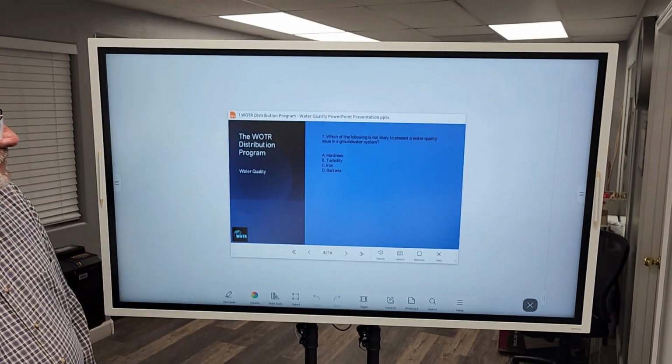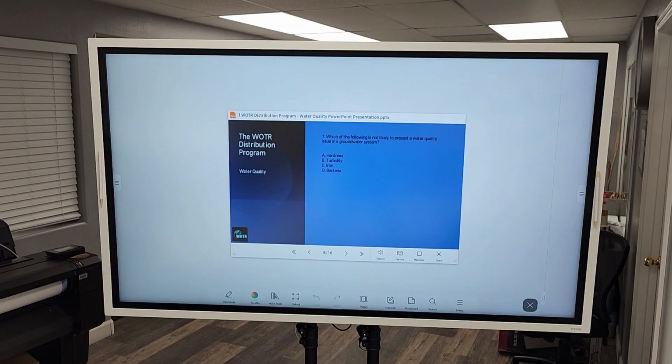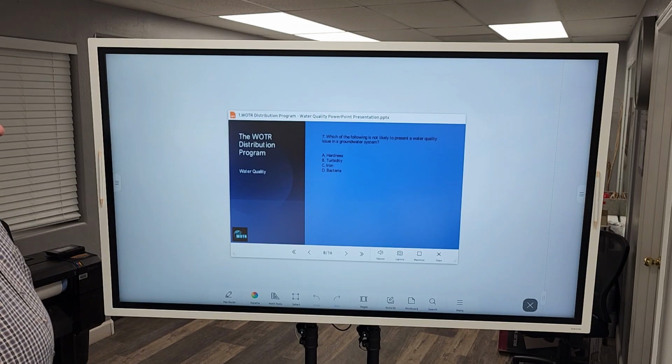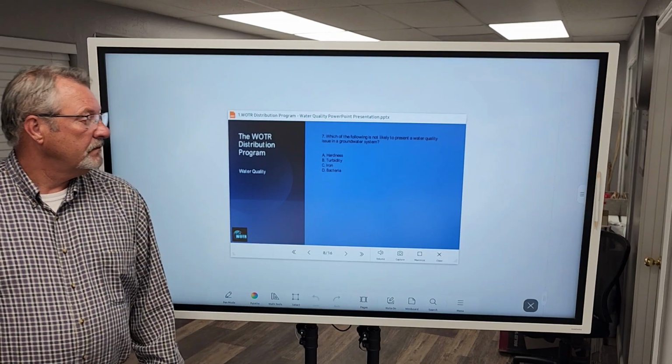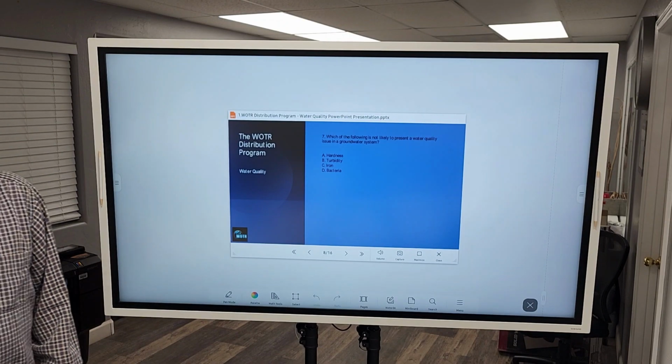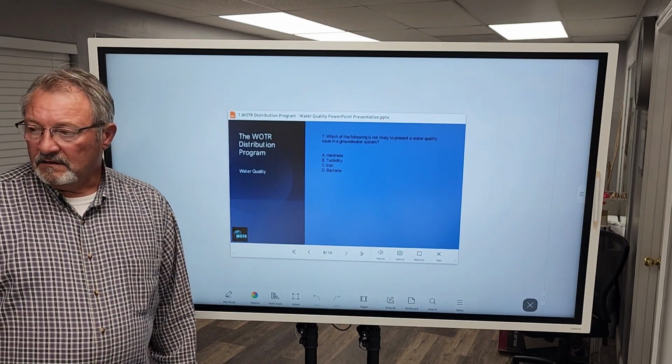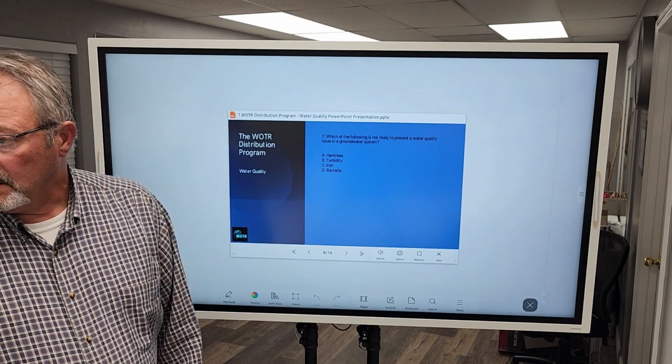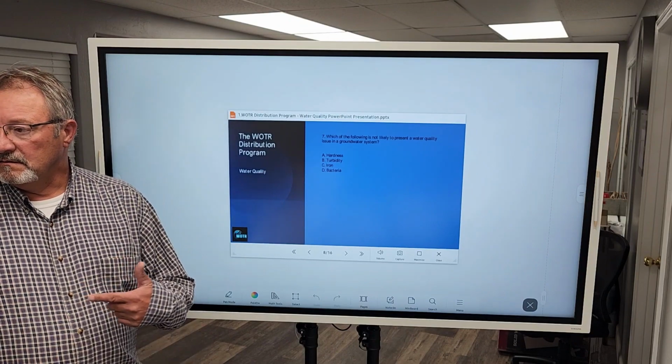Number 7, which of the following is not likely to present a water quality issue in a groundwater system? That'll be turbidity. You would think that you're pulling water from the ground, it's going to be turbid, but the opposite is true.